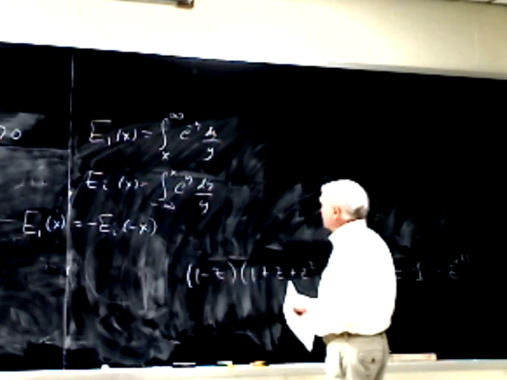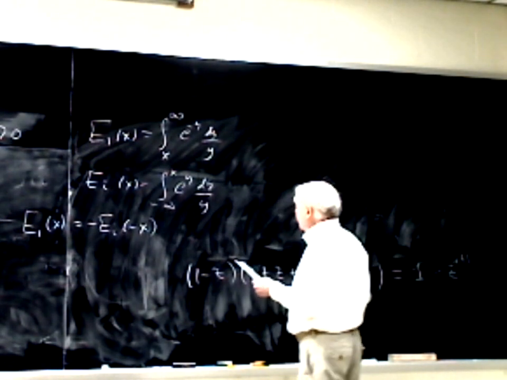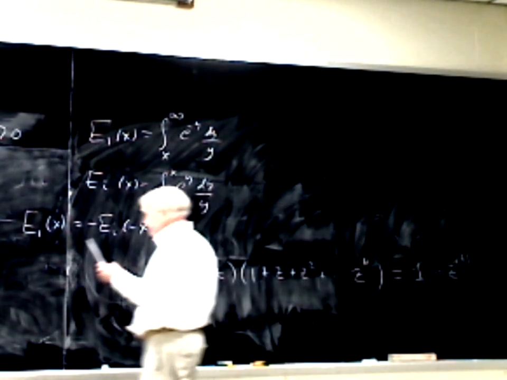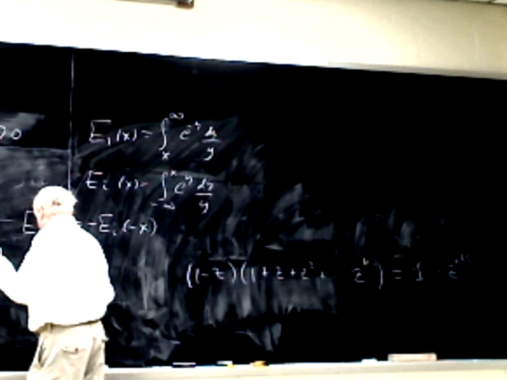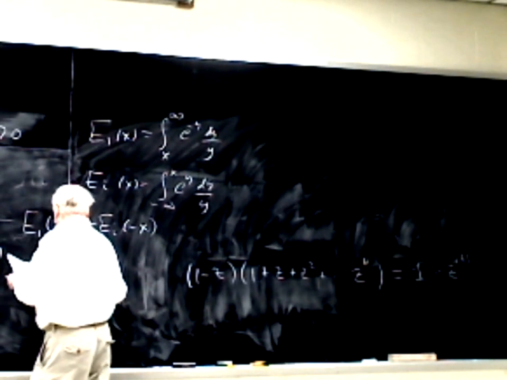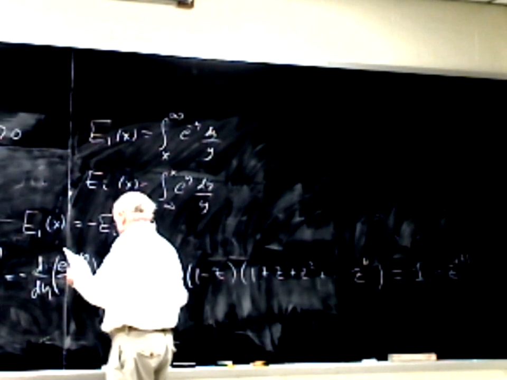All right, well, the way you develop an asymptotic series for E1 is we take e to the minus y over y and write it as minus d by dy of e to the minus y over y, minus e to the minus y over y squared.